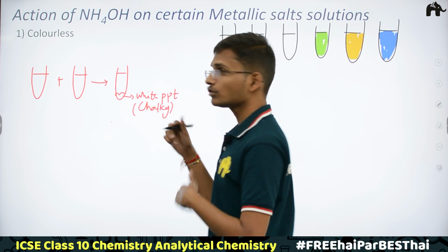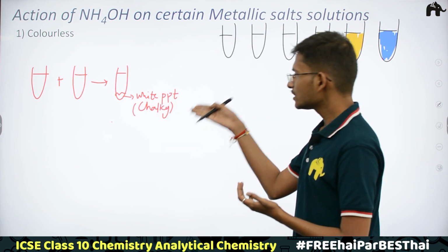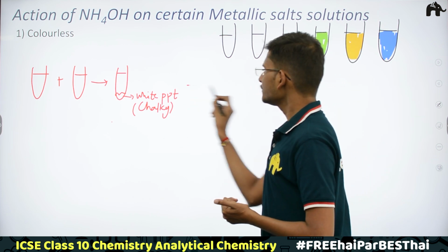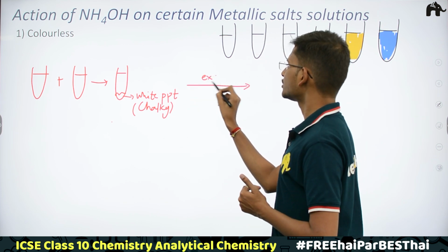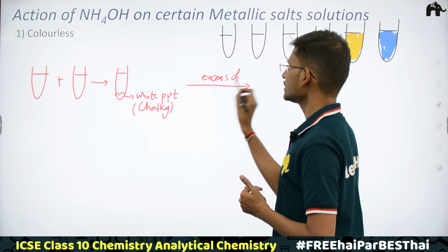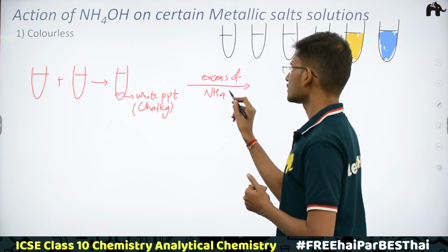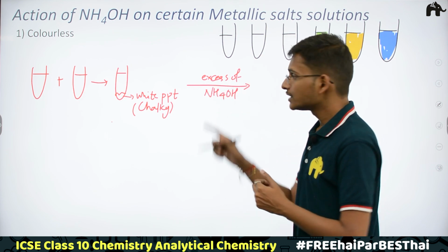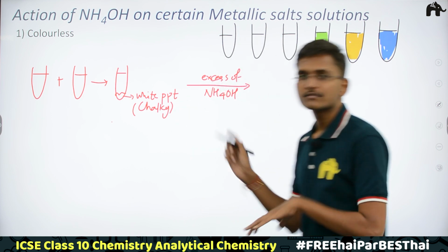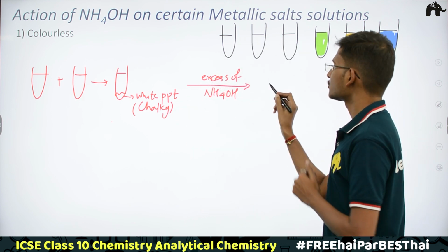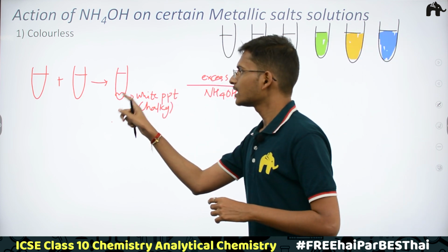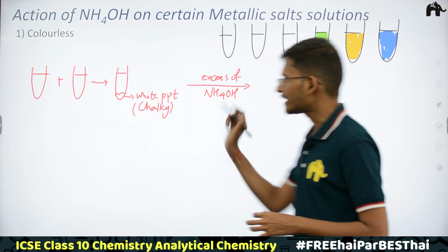The previous one was gel-like, gelatinous. Here it is chalky white precipitate. And when we are adding excess of NaOH into it, sorry, NH4OH, not NaOH, what is happening? This white precipitate is not getting soluble. This white precipitate and this solution remains as it is.